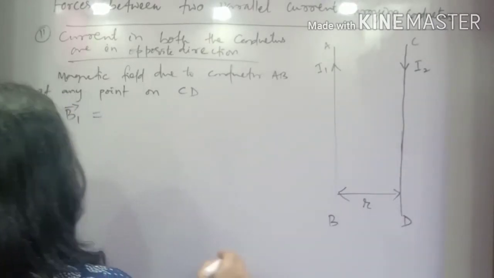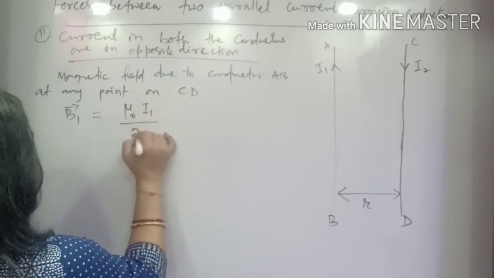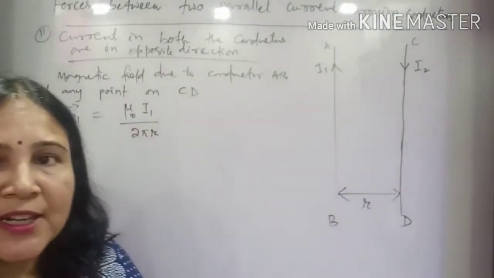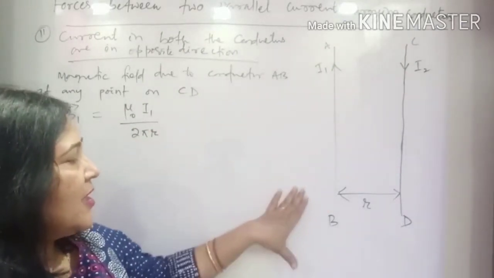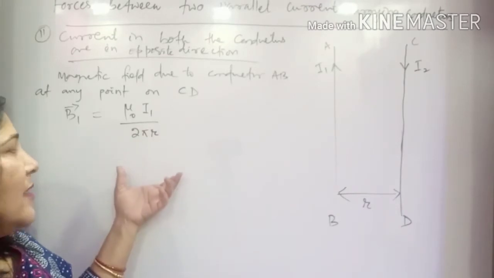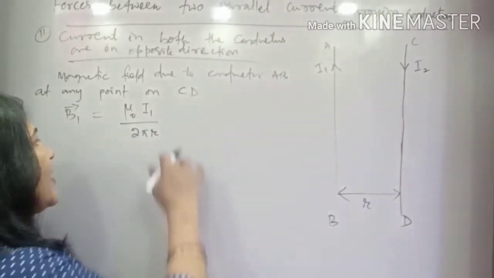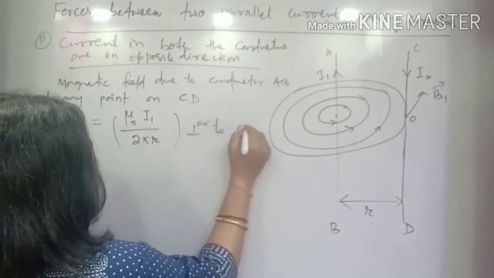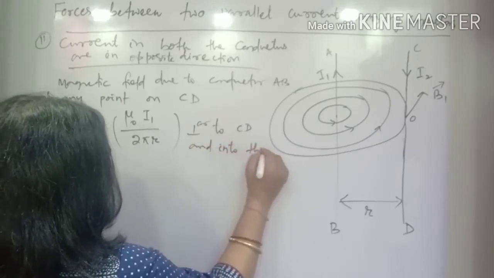B1 will be equal to mu naught I1 by 2 pi r. The magnetic field due to a long straight current carrying conductor is mu naught I by 2 pi r. Here in conductor AB, the current flowing is I1, and that's why mu naught I1 by 2 pi r. Now what is the direction of this magnetic field? Perpendicular to CD and into the plane of paper.